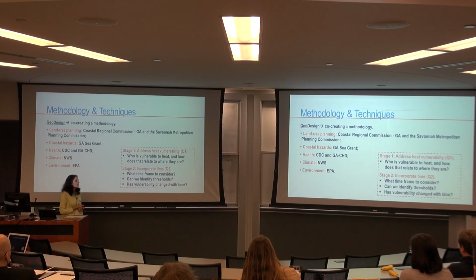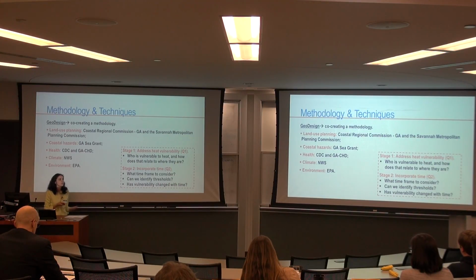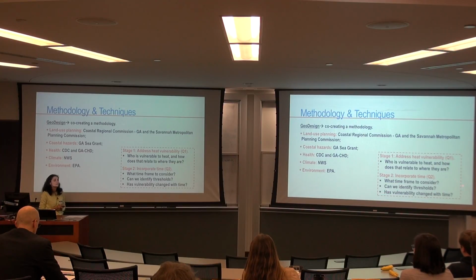And so they're actually applying it, but they're not applying it to decision making right now in planning, and also with the EPA, and trying to think about how these all collectively work with the environment, and with them actually define how would we define what is vulnerable, what areas need to be addressed, or what's our time frame, how do we identify these thresholds, and are they occurring, if any, and how does vulnerability change over time?